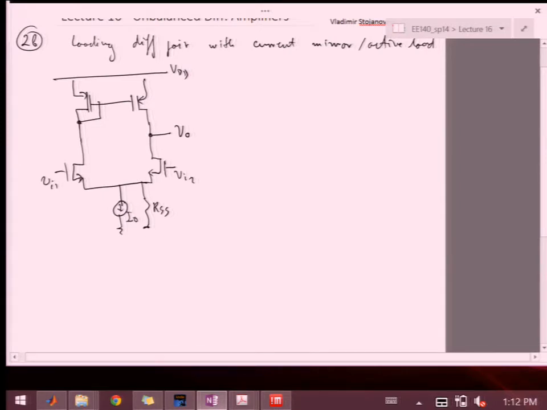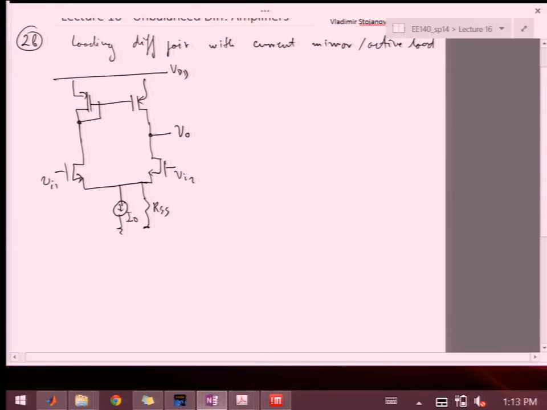Intuitively, this sort of works, and it's easier to think about for the differential signal. You still have the symmetry, or at least you can slightly neglect the asymmetry if VI1 and VI2 are of opposite signs.